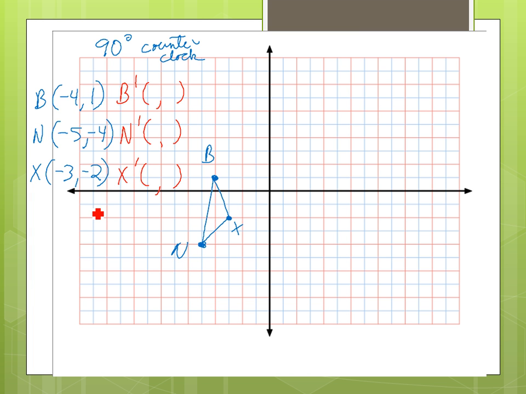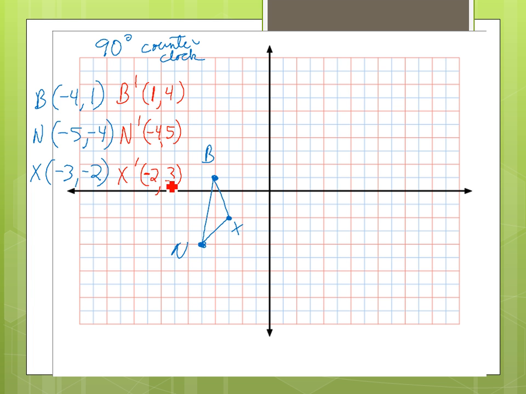So on this one, it's going to switch them and do the opposite of the second one. The second one was a -4, so now it's going to be a +4. This one, it switches them, makes the second one positive, or the opposite. This one, it switches them, makes the second one the opposite.